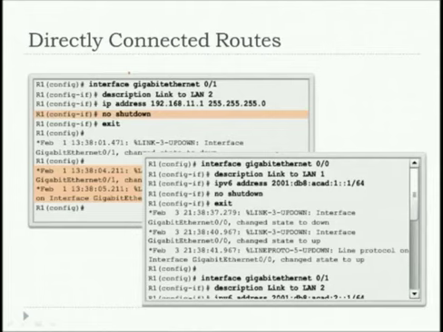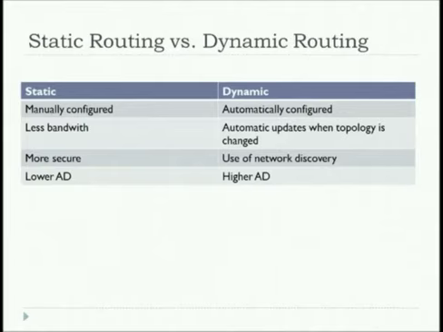Then, the interface must be activated with the no shutdown command. Finally, it has to receive a carrier signal from another device. It can be a host device or another network device. When these routes have been added to the table, static and dynamic routing can be implemented. We can see in this table the main differences between both.